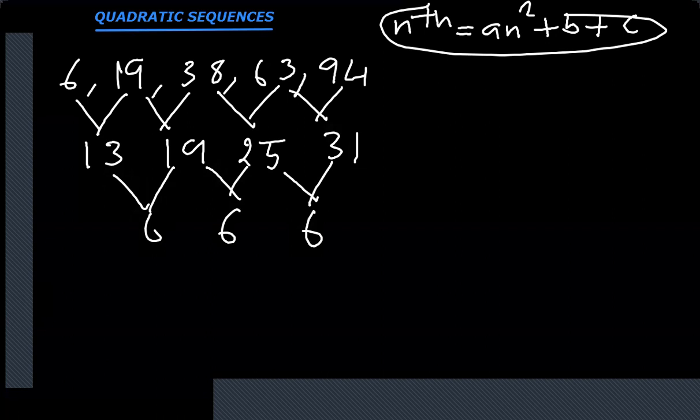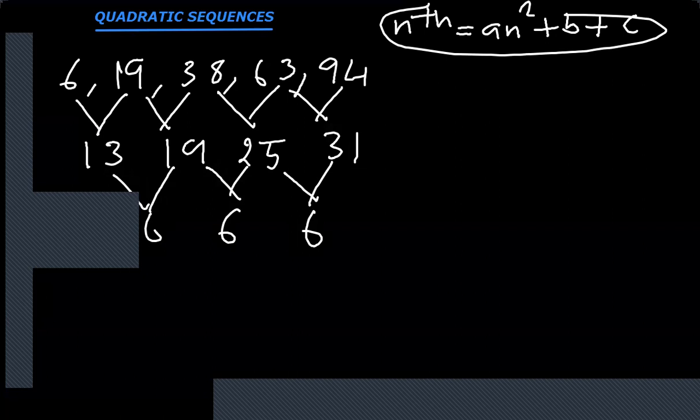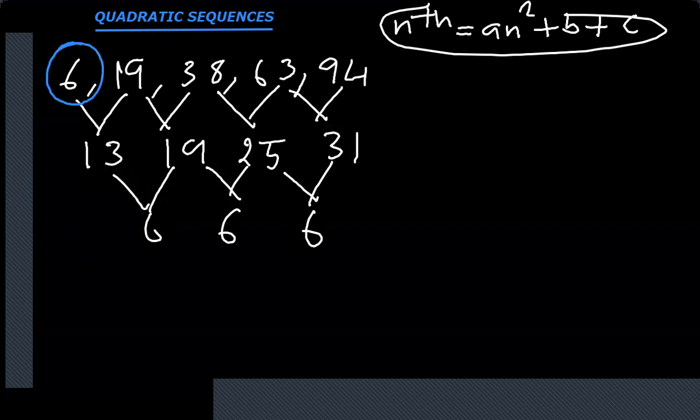So there it is. Now, if you watched the previous video I shared on cubic sequences, we'll consider these numbers and equate them to expressions. So the second difference will be equated to 2a.